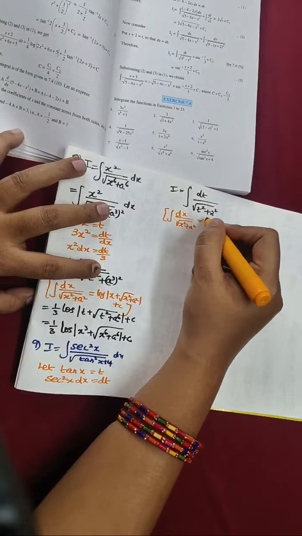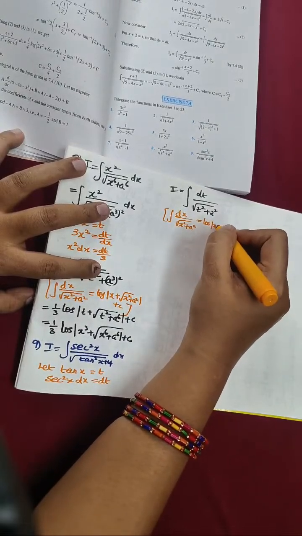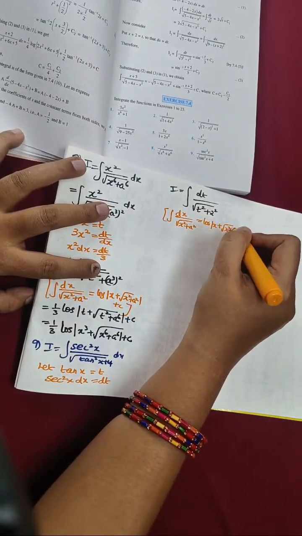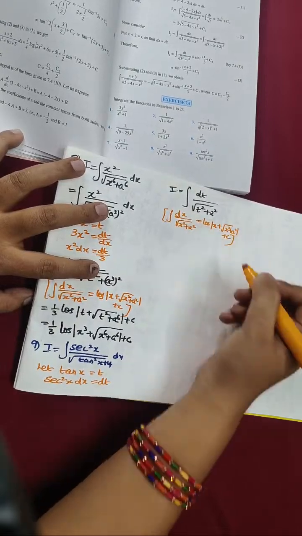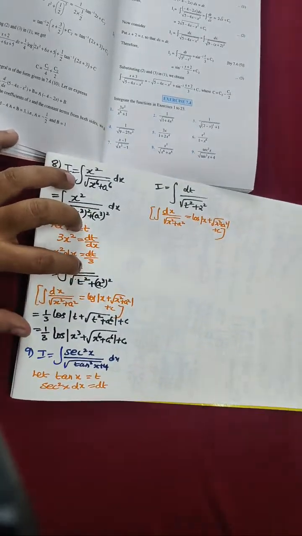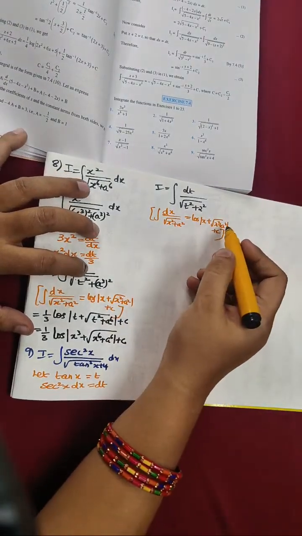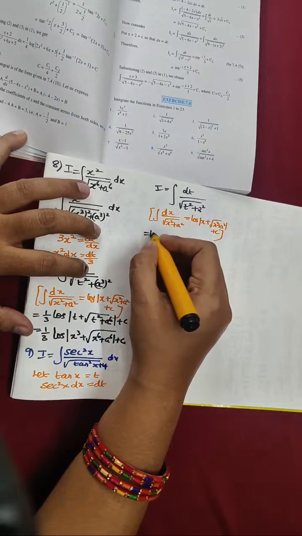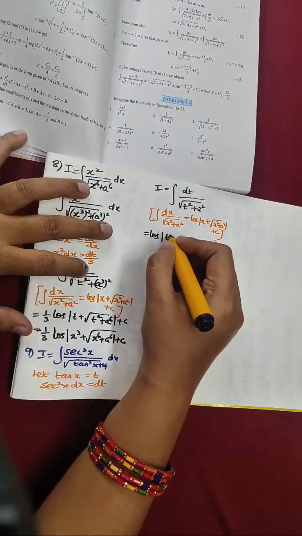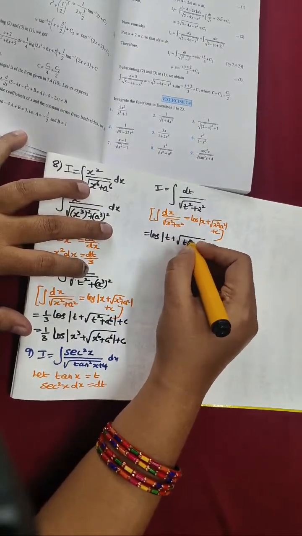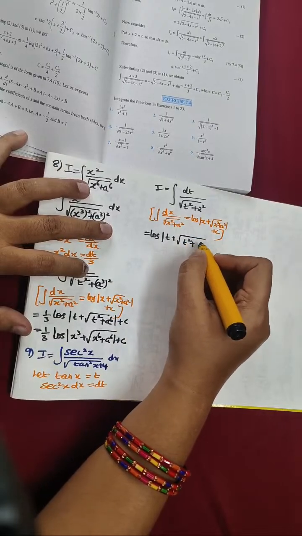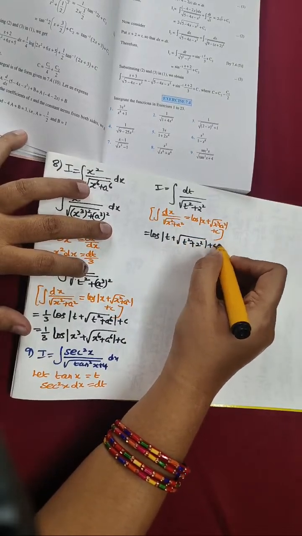So now again the formula: log of x plus root of x square plus a square plus c. This is the formula we can apply here. In place of x we have t, in place of a you have 2. This will become log of t plus root of t square plus 2 square plus c.